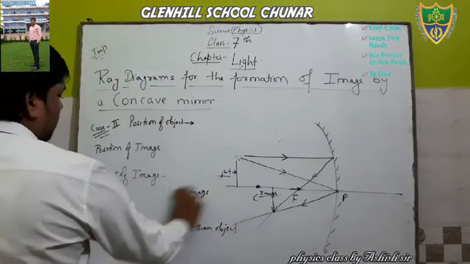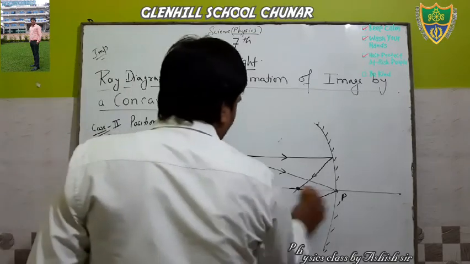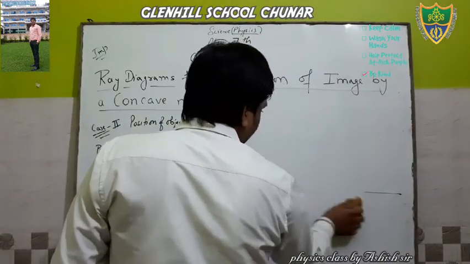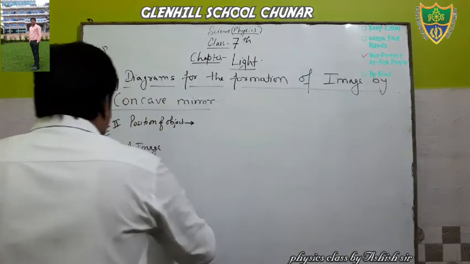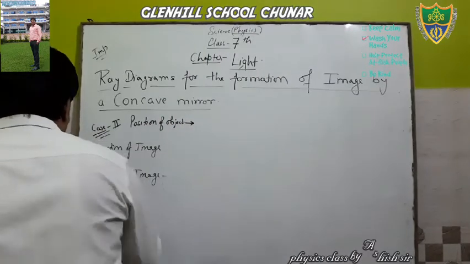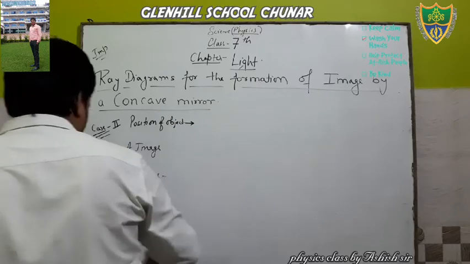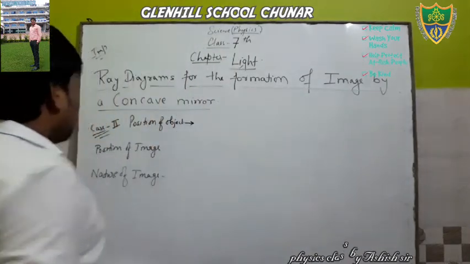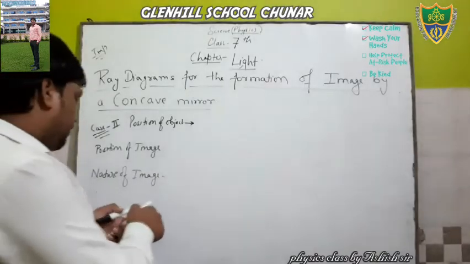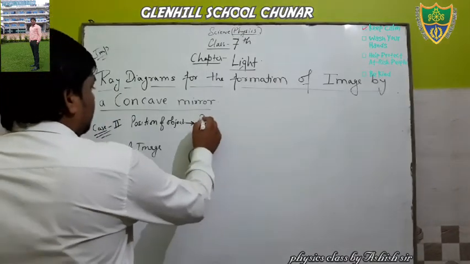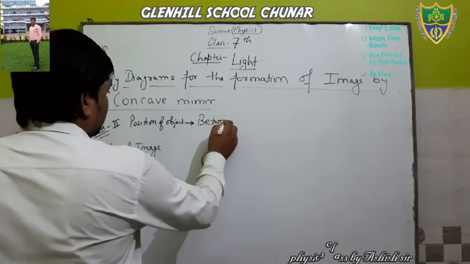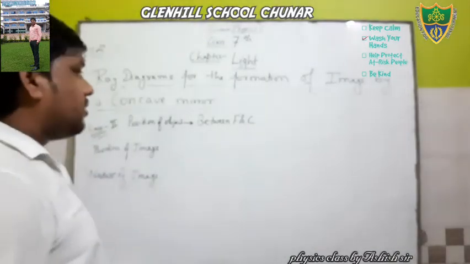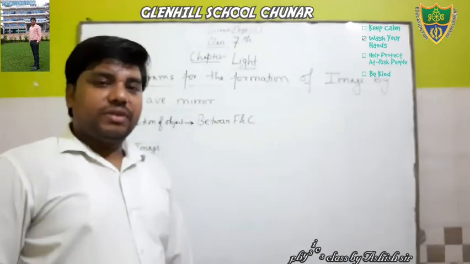Again we have the position of object. What is the position of object? Now the position of object is between F and C. F and C means between focus and center of curvature.